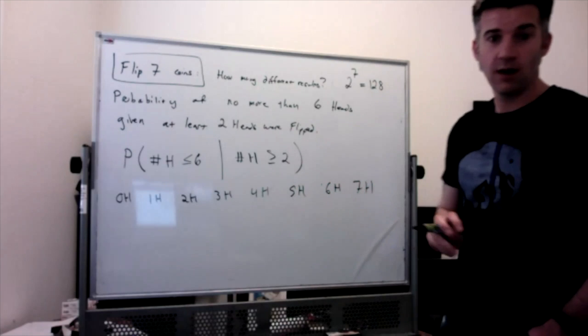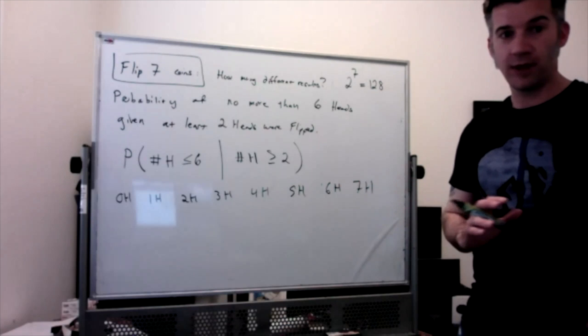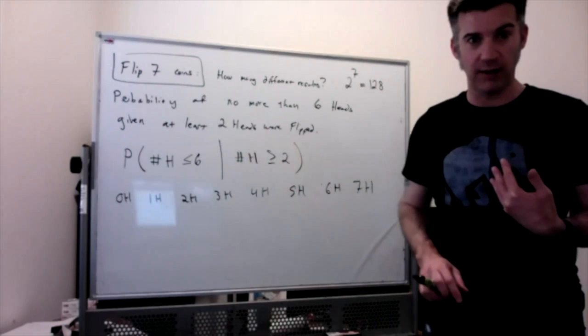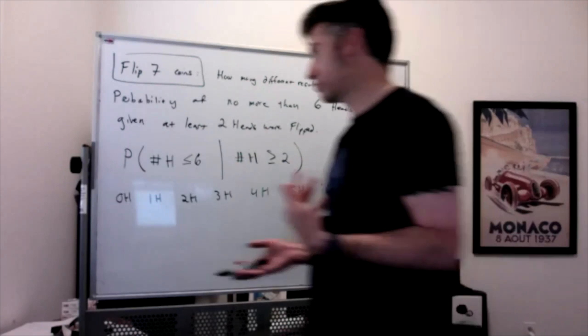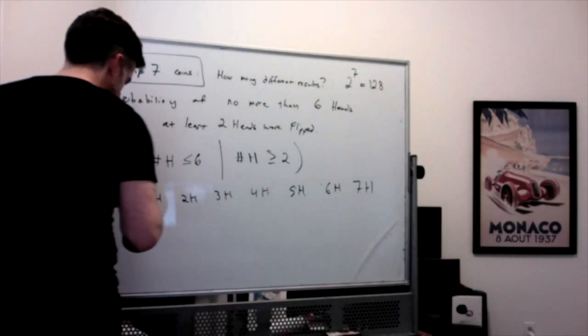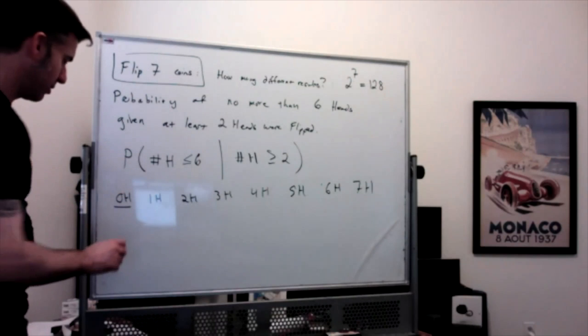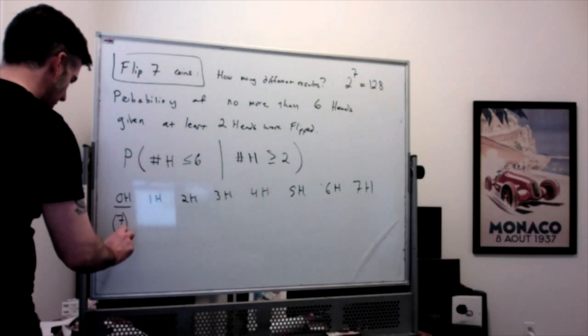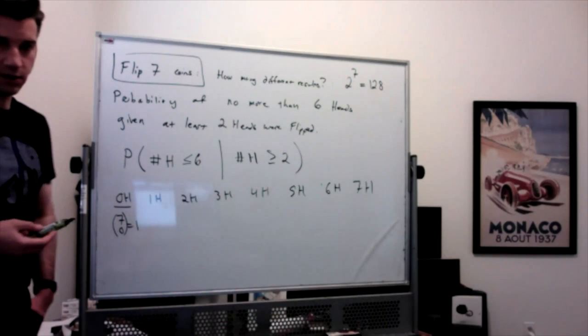So let me ask you guys, if you flip 7 coins, how many ways are there of getting 0 heads? Exactly. There's 1, which is equal to 7 choose 0 ways of getting 0 heads.